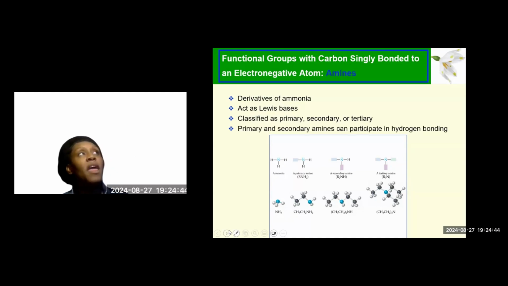Notice that because primary and secondary amines have hydrogen attached to them, they can participate in hydrogen bonding, like we talked about. You'll see in a second that the peaks from those NH groups are a little broad, and that's because of the hydrogen bonding.